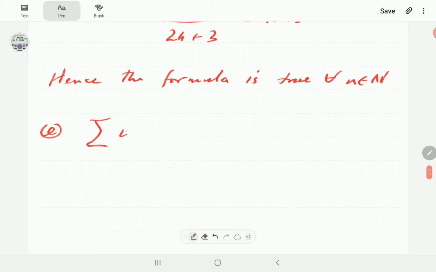we have the summation of i squared plus 1 times i factorial, i summing from 1 to n. We are told this is equal to n into n plus 1 factorial.